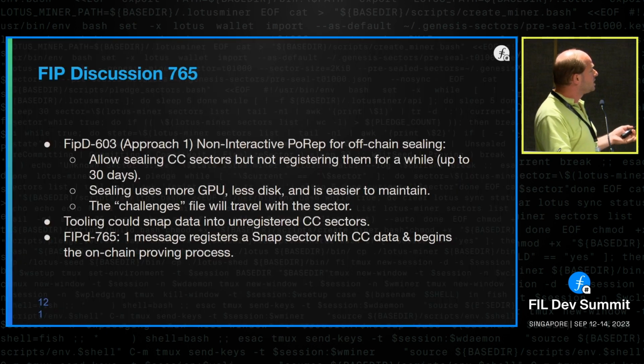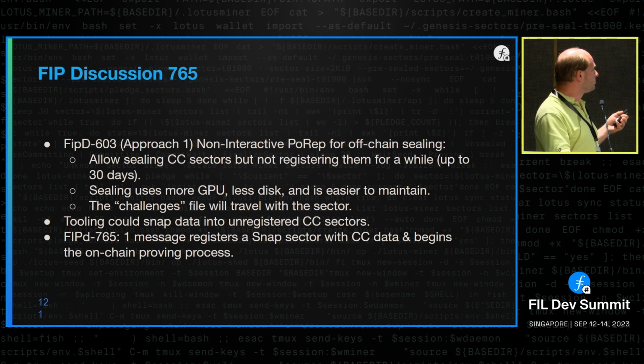And so initially, it's going to need that non-interactive POREP, which will enable you to create these CC sectors, but you don't need to register them right away. This process uses more GPU, but less disk. The idea is you'll just have these sealing machines just cranking these things out, offloading them as you choose to use them or at whatever pace you like.